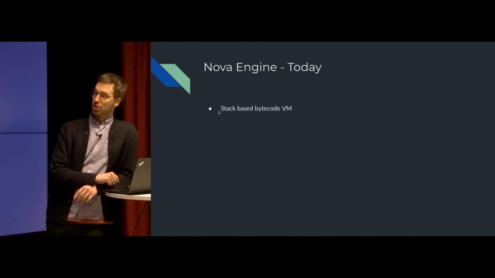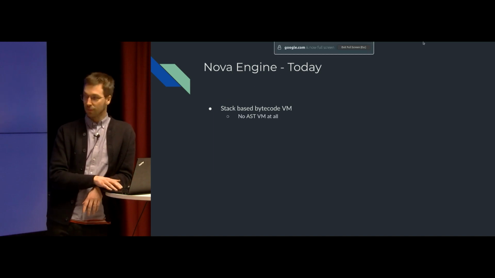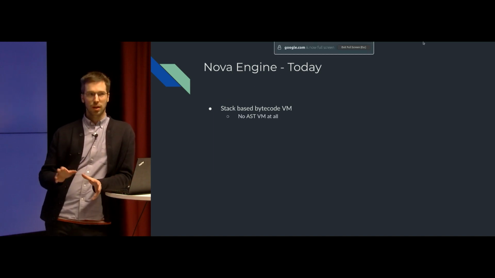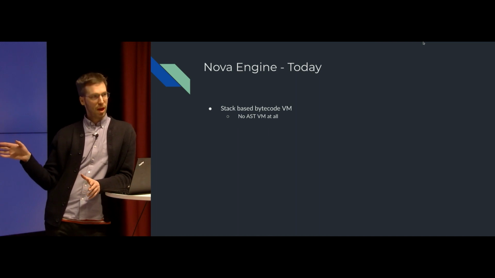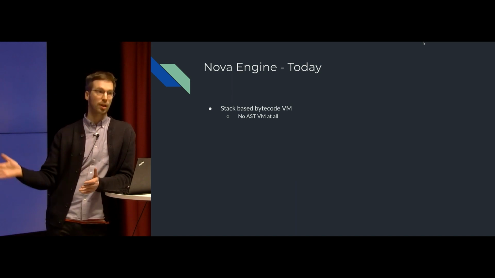So Nova Engine today is a stack-based bytecode VM. We use the Oxidation Compiler's AST crate and parser crate to parse JavaScript code into an AST, abstract syntax tree. But then from that syntax tree, we immediately generate bytecode.